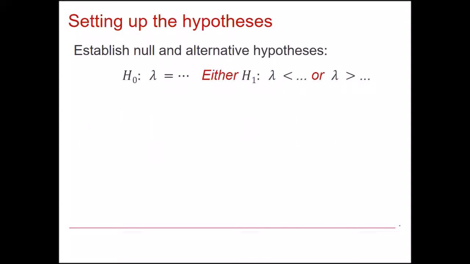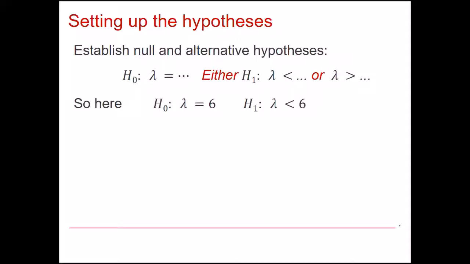So as with any hypothesis test, we're going to establish the null and alternative hypotheses first. So in this case, our null hypothesis is going to be that lambda is equal to 6, because that is what we've observed previously. And the estate agent is worried that lambda has decreased, so that's going to be our alternative hypothesis, that lambda is less than 6.